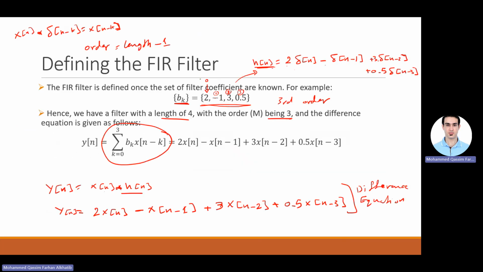So h of n is going to be b naught delta of n plus b1 delta of n minus 1 plus b2 delta of n minus 2, and so on, or basically the summation of b of k delta of n minus k, with k from 0 to infinity, or the filter length.